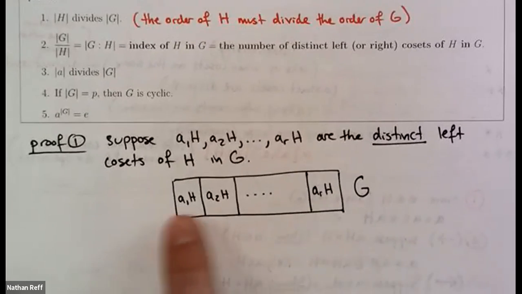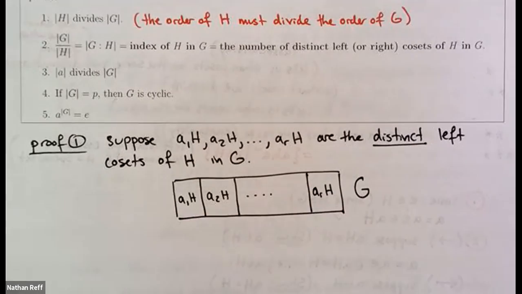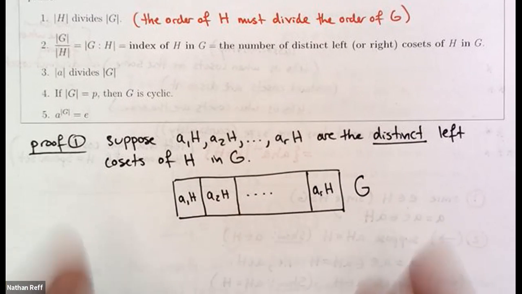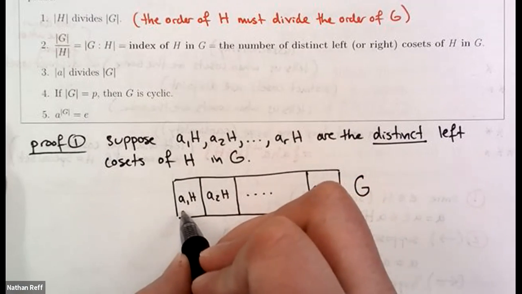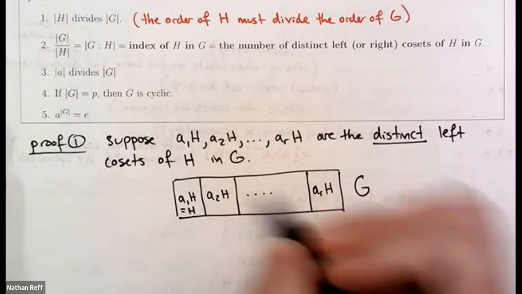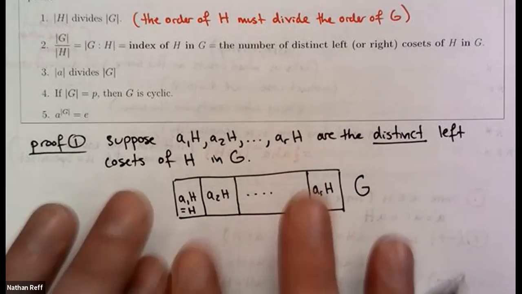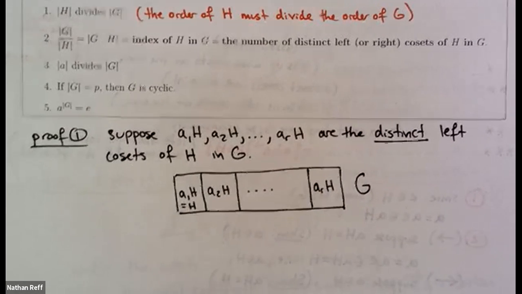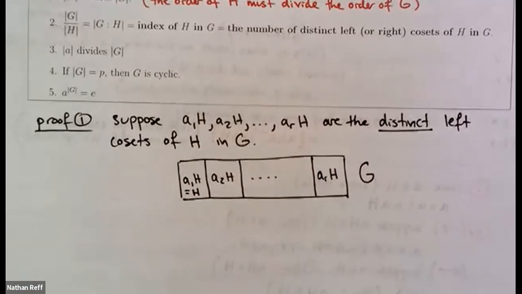Most likely, if you ordered this in a really nice way, this first one is probably actually going to be H itself. One of those has to be the subgroup, okay? So for the sake of making the picture really nice, let's just say that one is actually H, right? Okay, so here's a visual you can have in mind.